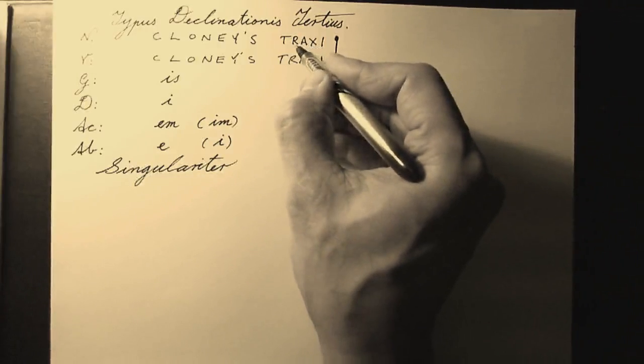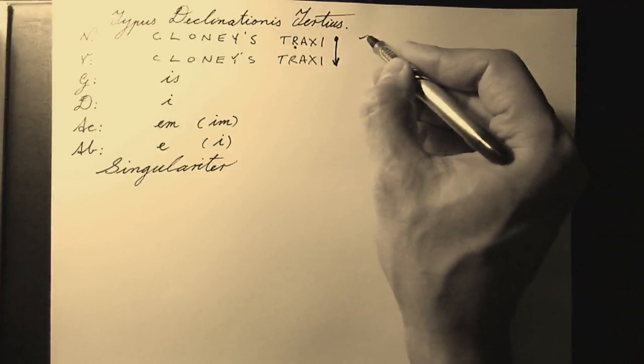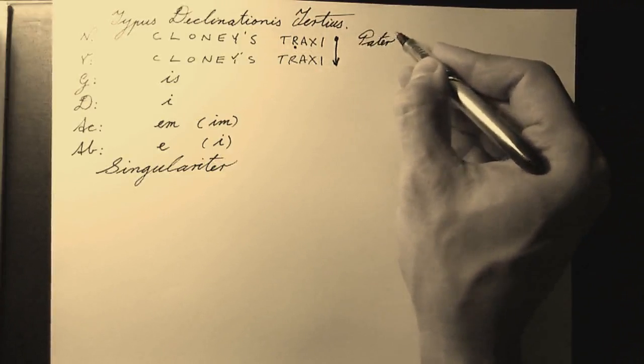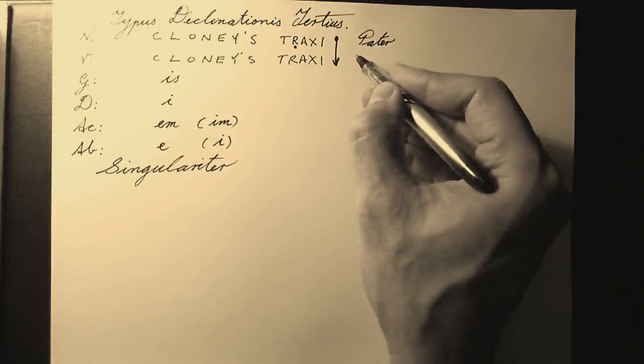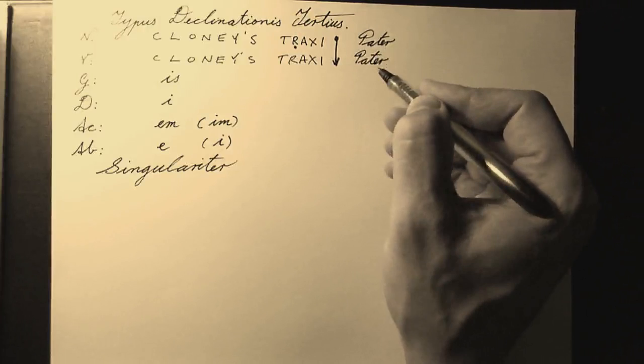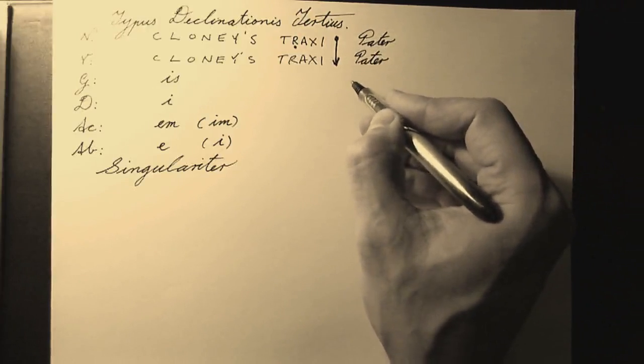A word that ends in the letter R, pater, meaning father. So we have pater, then we talk to the father, and you say, hello, pater. No change. Father's, as in father's car, that's patris.